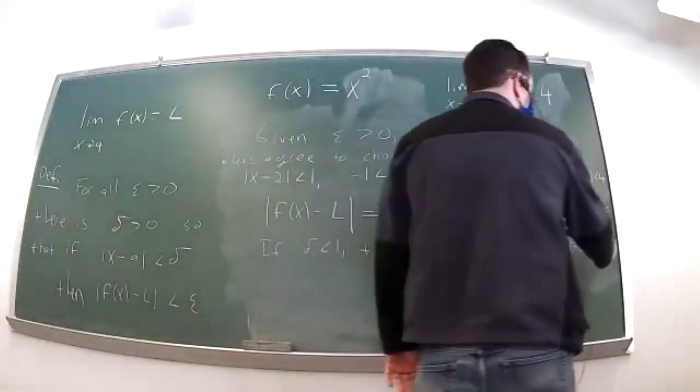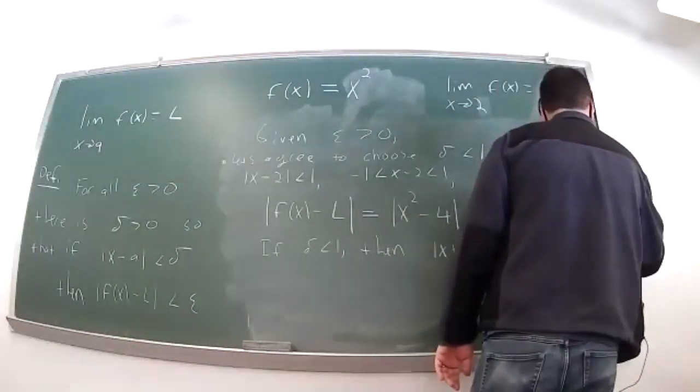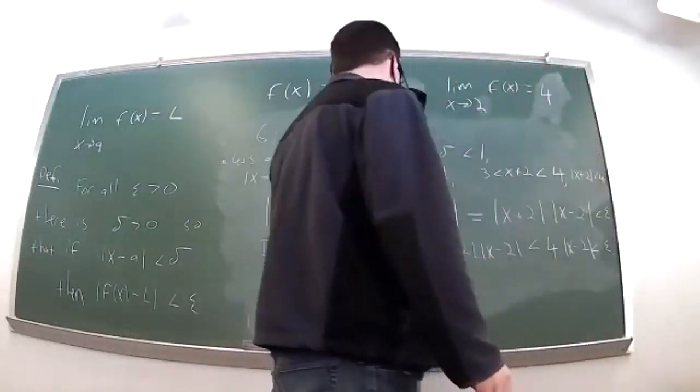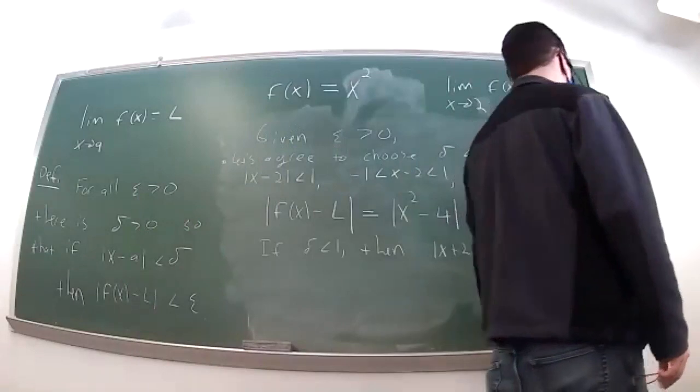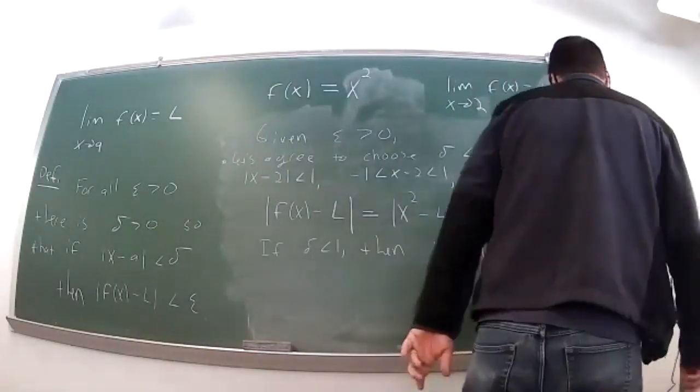And then I can say, well, okay, |f of x minus L| is going to be less than 4 times |x minus 2|. Let's make that less than epsilon.